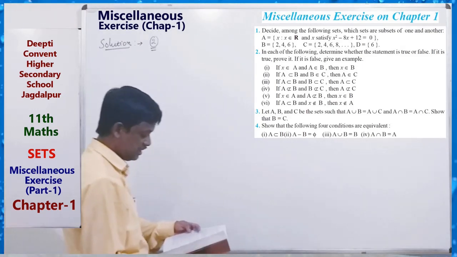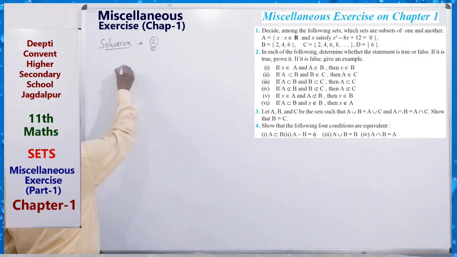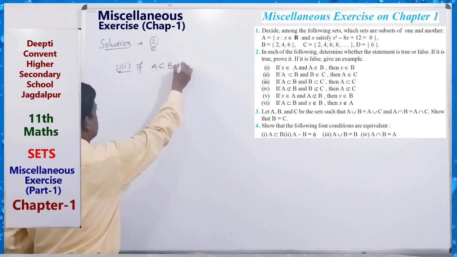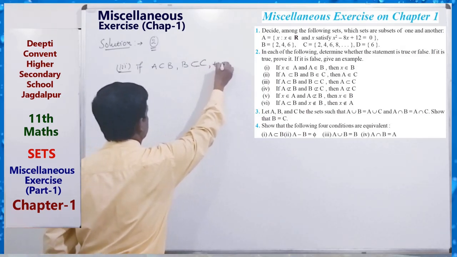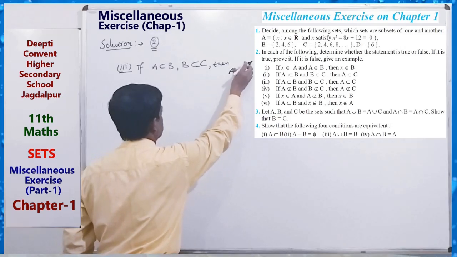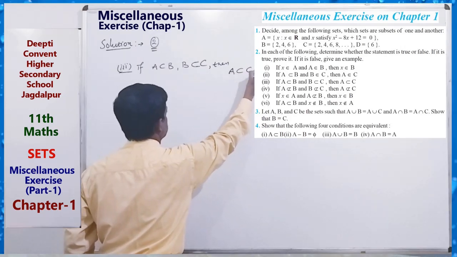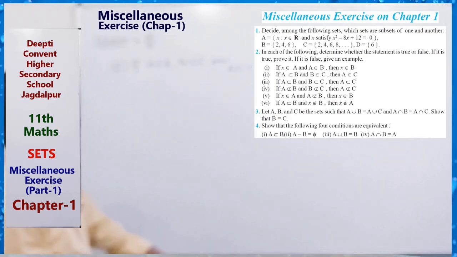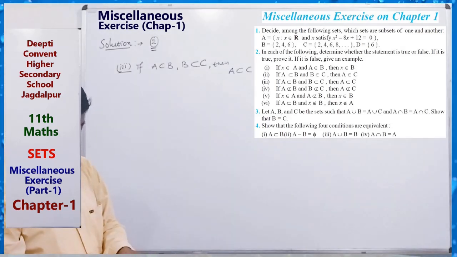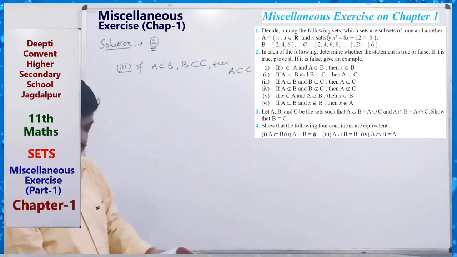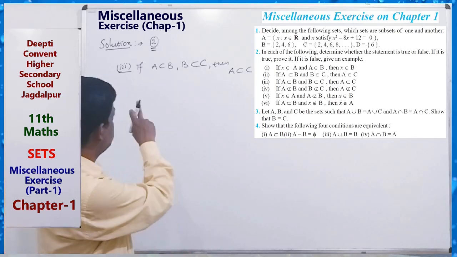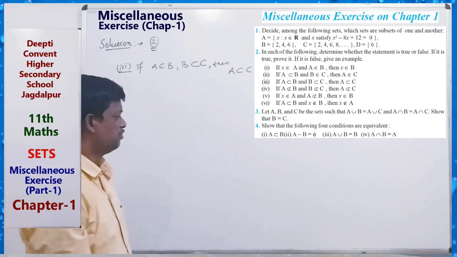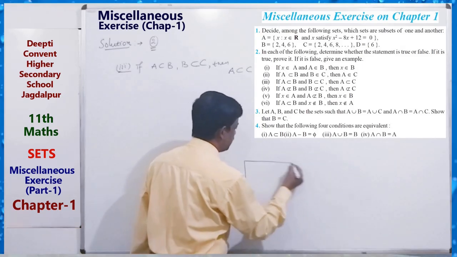A subset B subset C, then A subset C. Clear? Very simple. We can also prove by Venn diagram.